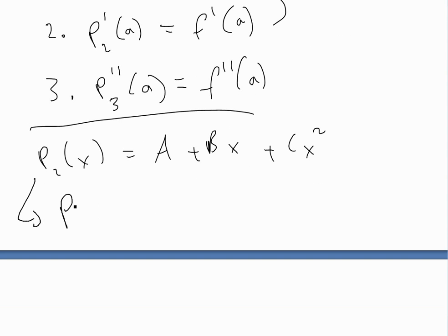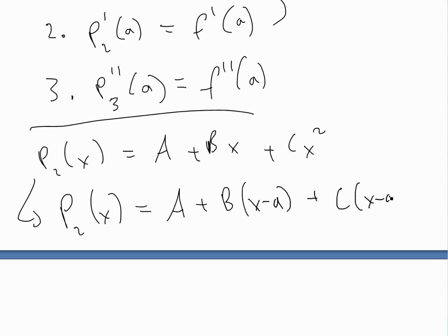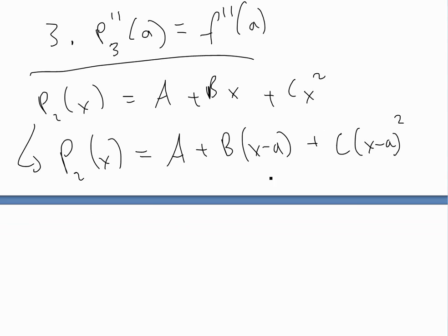It's easier to write it as a plus b times (x minus a) plus c times (x minus a) squared. So I'm just changing the form of it. This would be easier to show Taylor polynomials. I'll show that in a bit.